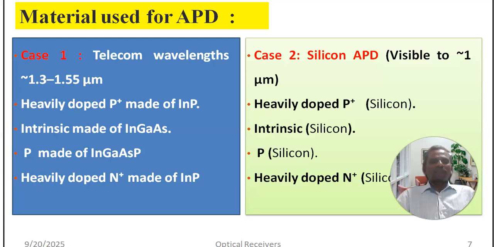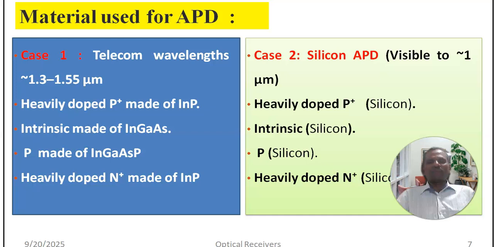For the heavily doped P plus region, it is indium phosphide. Then the pure semiconductor is made up of indium gallium arsenide, and the P material is made up of indium gallium arsenide phosphide. Then the heavily doped N plus is made up of indium phosphide. Then case 2, which is a purely silicon based avalanche photodiode, is used for the visible range, approximately from 1 micrometer.